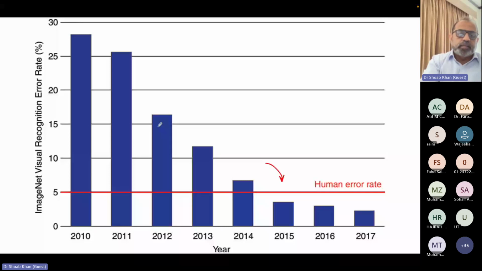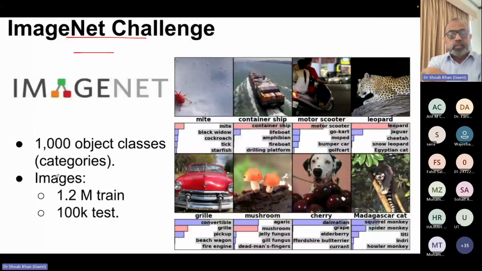Because it's annotated data, there is also human error in this data, because these are images, and even for a human it is very difficult to figure out what type of subject, out of 1000 types, is in this particular image. Okay, so even for a human it was challenging.